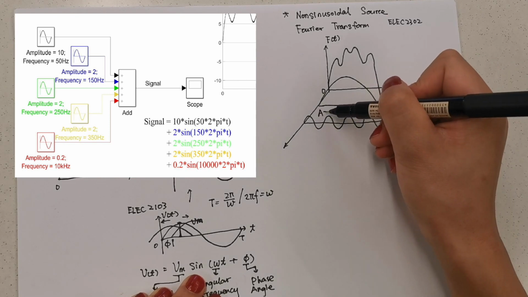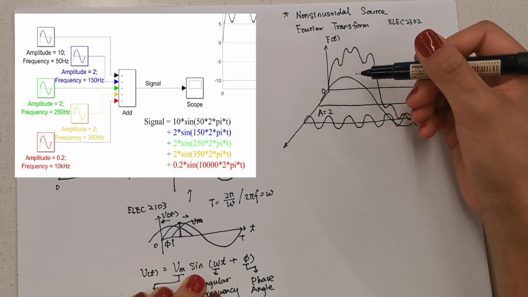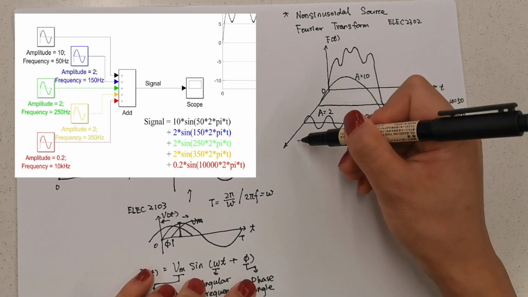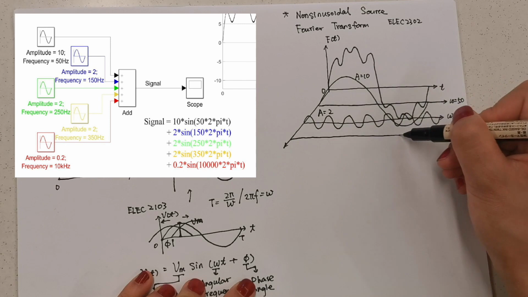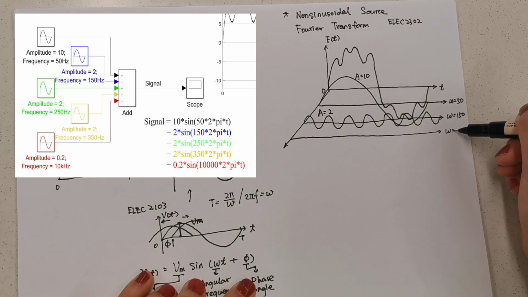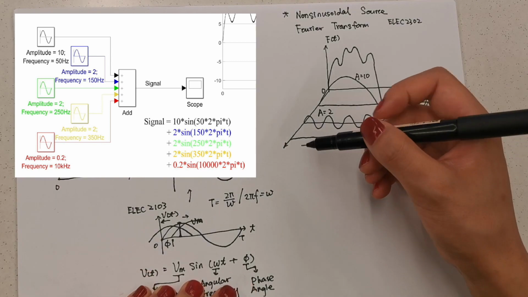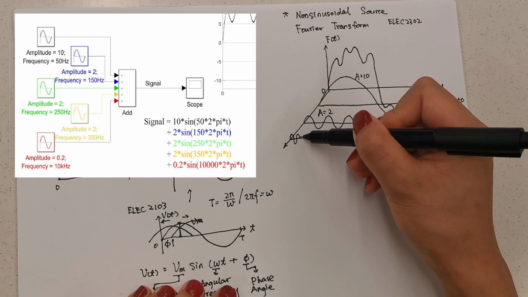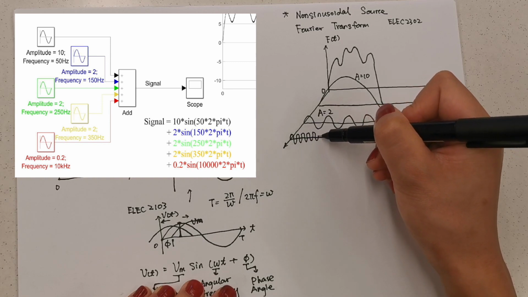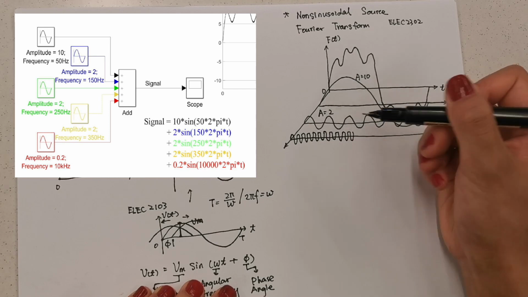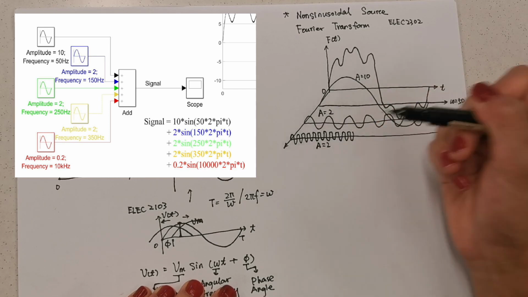It might look like this. And also our amplitude here is 2. For the first waveform, the amplitude is 10. And the third one is when our omega is 250. It means our frequency is much higher. It might not look like this, but I'm just showing that it can be higher frequency and our amplitude is still 2.